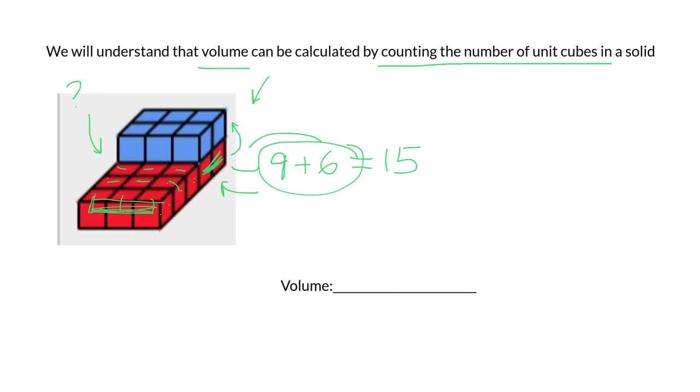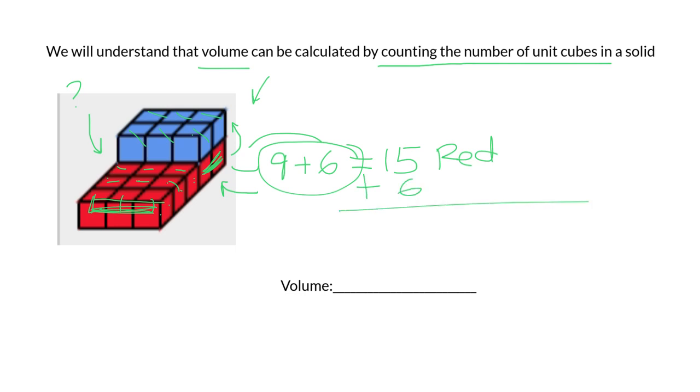And then I need to go and count the number of unit cubes that are on the top, the blue ones. So I'm going to write red here, or we could call that our bottom layer. And then we do the same kind of thing up here. I'm going to count 1, 2, 3, 4, 5, 6. So our total volume is going to be adding these two numbers.